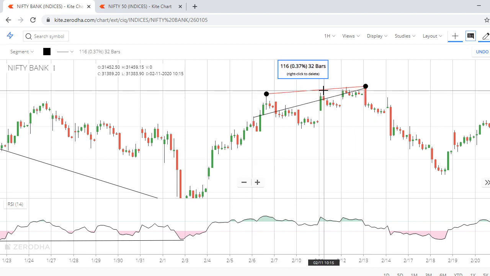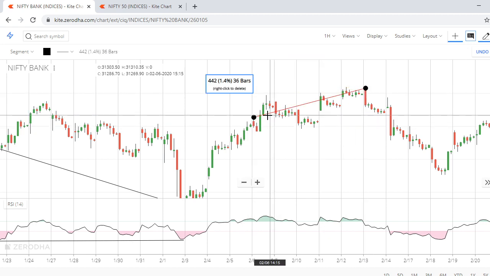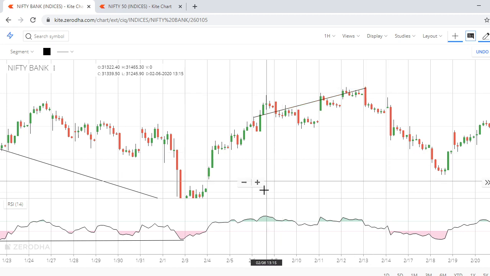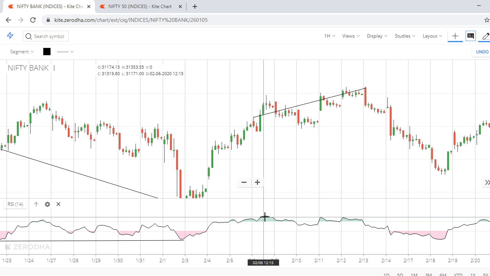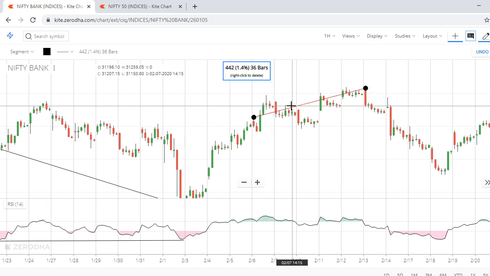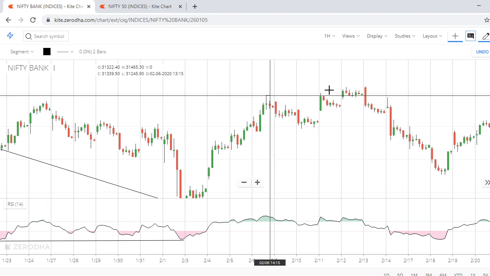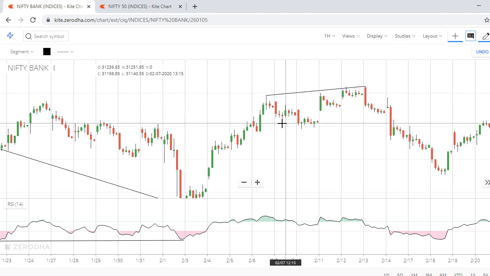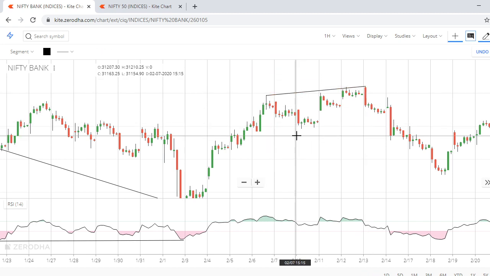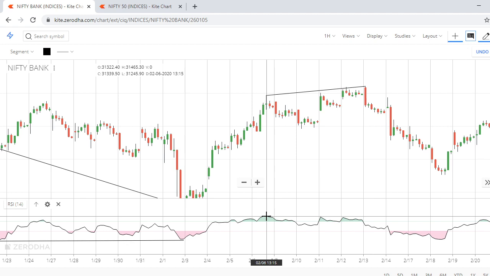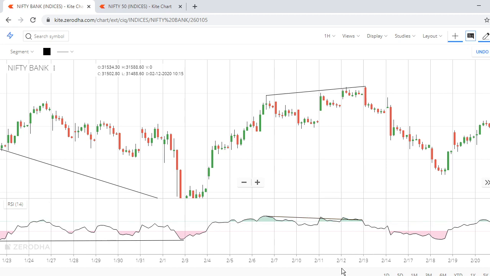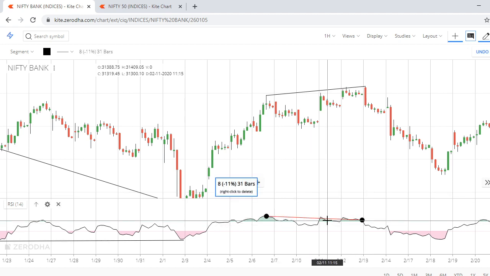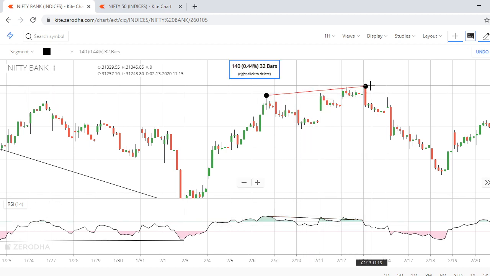Okay, I remove this. The price made a higher high. Take the RSI, so that this is in a better mode. So we consider this one. Price made a higher high, but the RSI is making a dip.